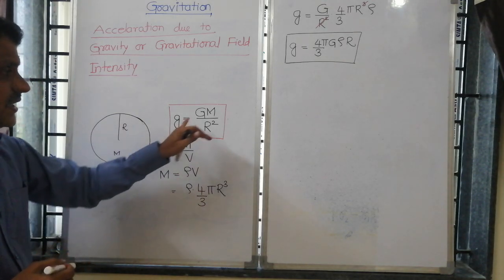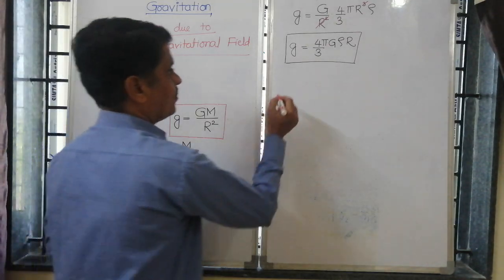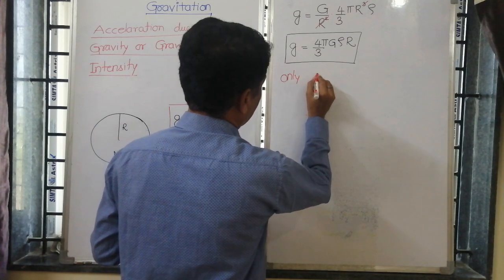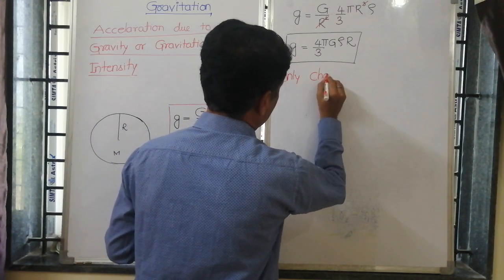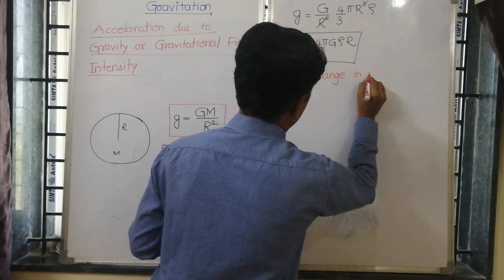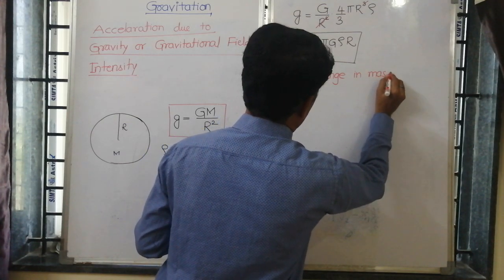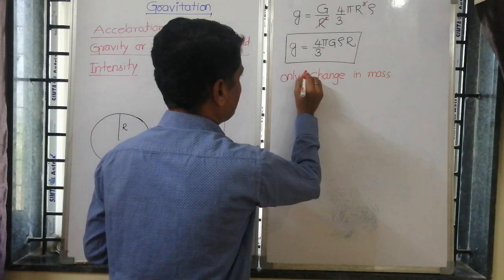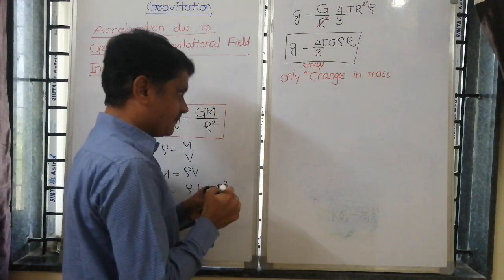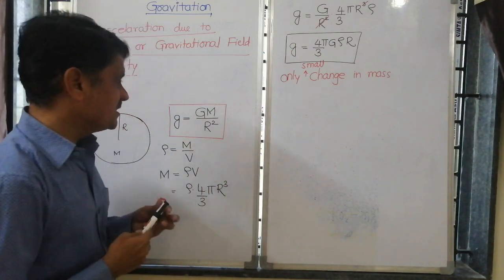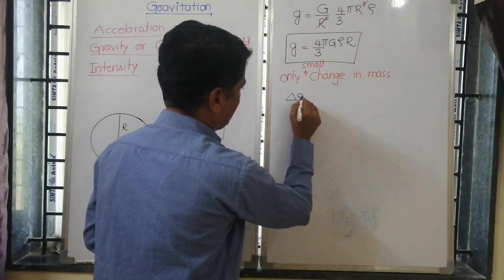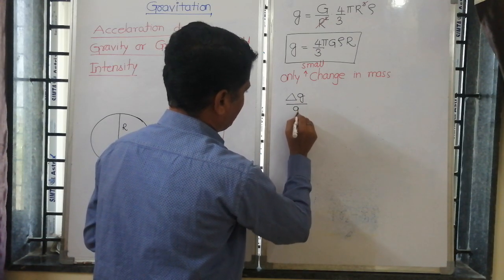If there is only change in mass, I'm talking only small change in mass, then percentage change in g is delta g by g.